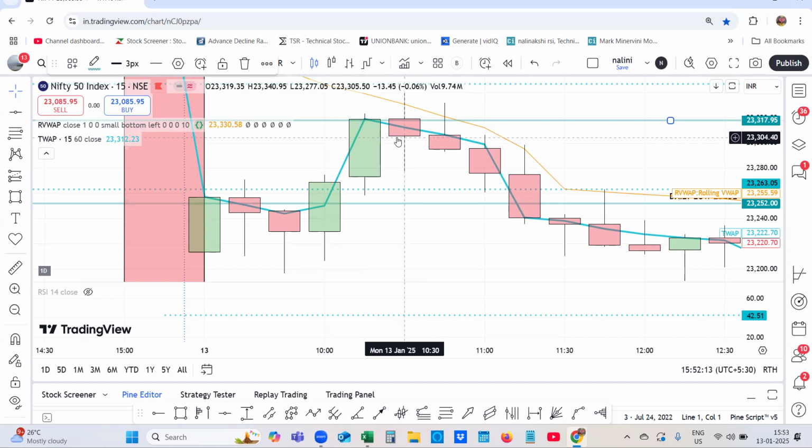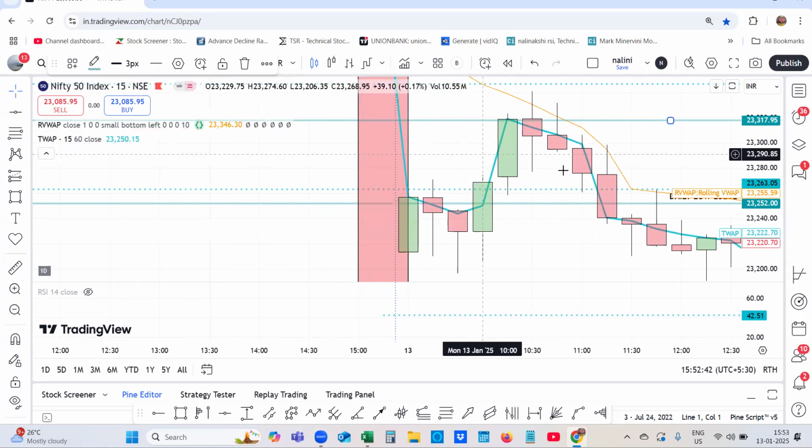And it started with the first 15-minute candle. After this first 15-minute candle, the red candle is closing inside, getting rejected. The second red candle after this is completely closing beneath this, getting rejected by both; even the body is not above the TWAP.